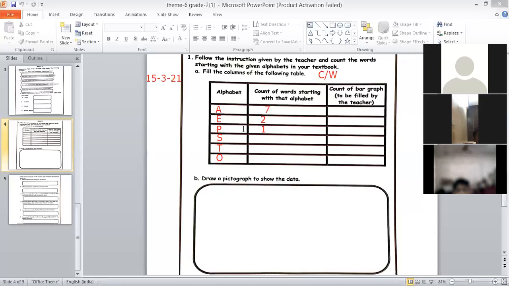Ma'am, two. Very good, that's correct. Two words are there which start with letter S. Good. Yes, Supratik.